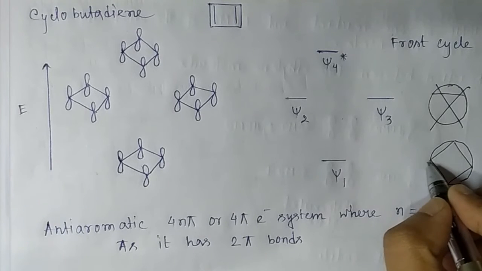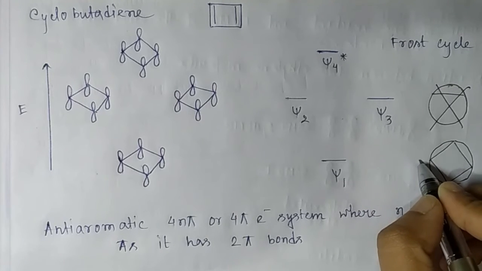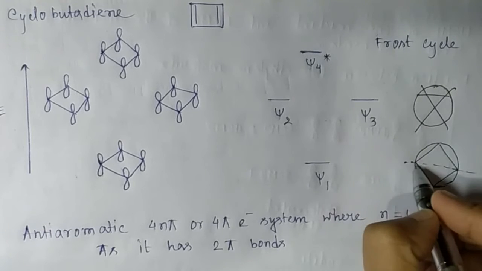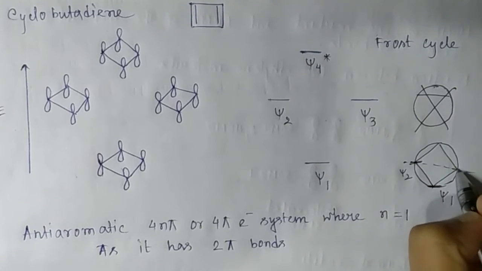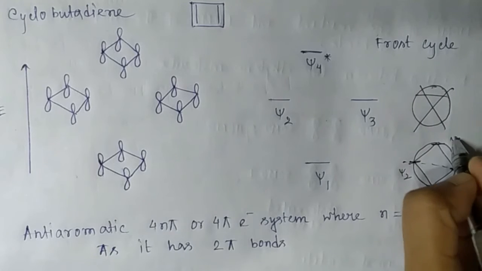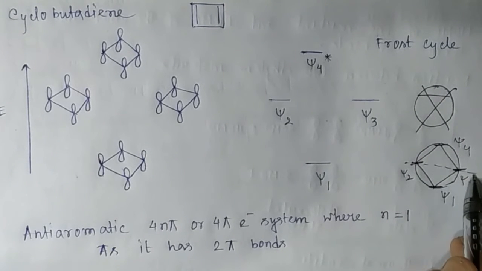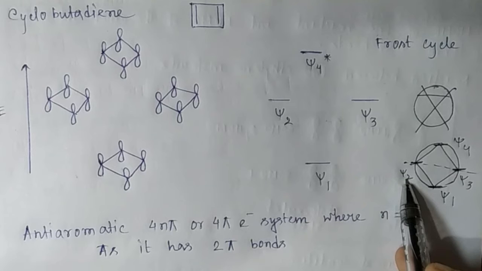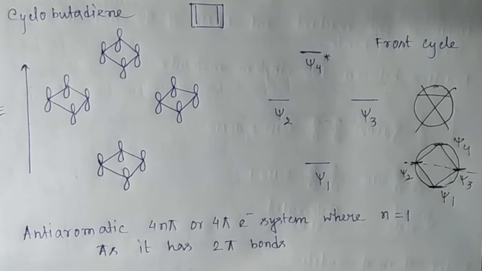And if we draw the horizontal dashed line, there is psi 1, psi 2, psi 3, and psi 4. This horizontal line cuts through 2 pi MO energy levels of cyclobutadiene, that is psi 2 and psi 3.